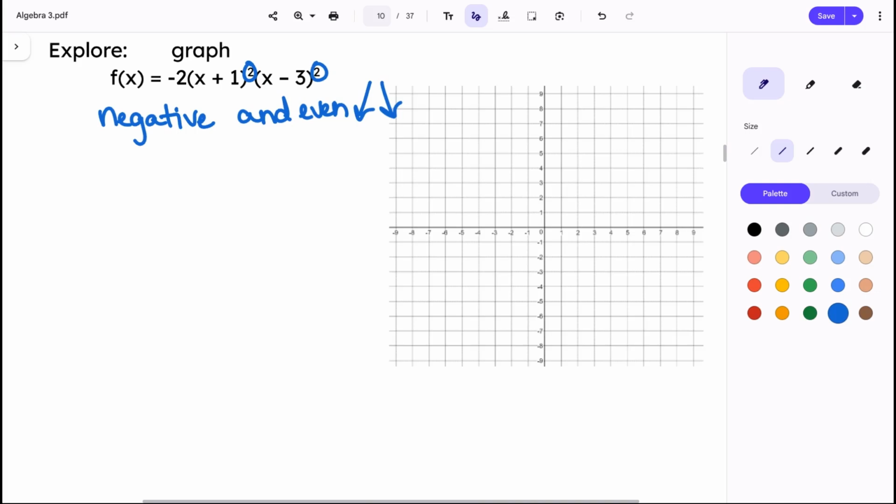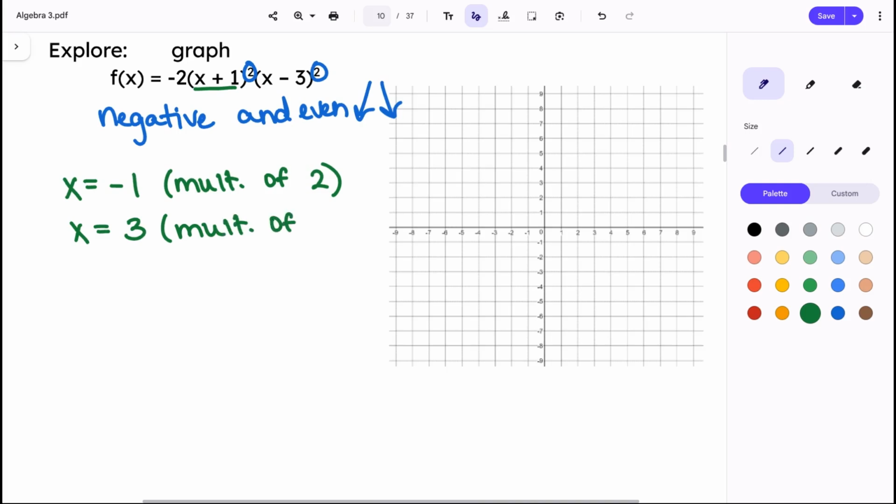Okay, let's solve for our roots. If you put this first set equal to 0, what do you get? -1, and any multiplicity? 2. And then how about the next one? 3 and multiplicity of 2. Good. So they're both even multiplicity.